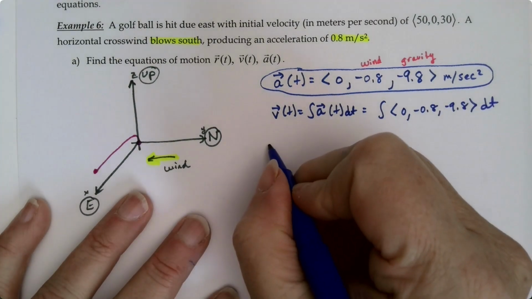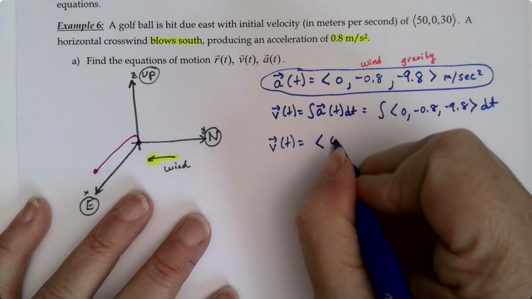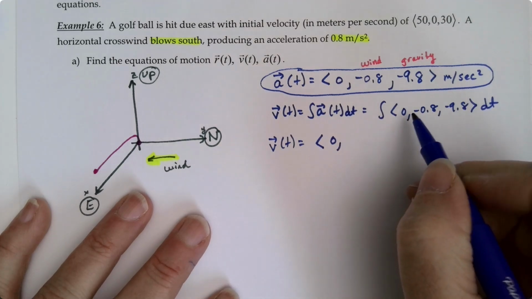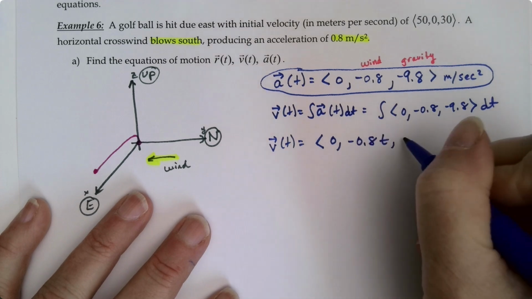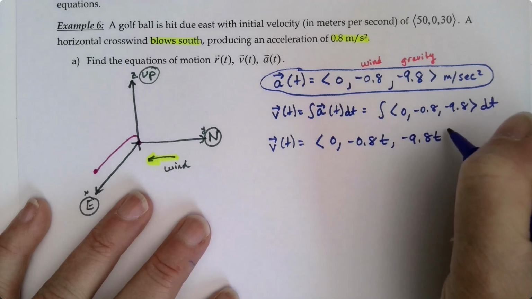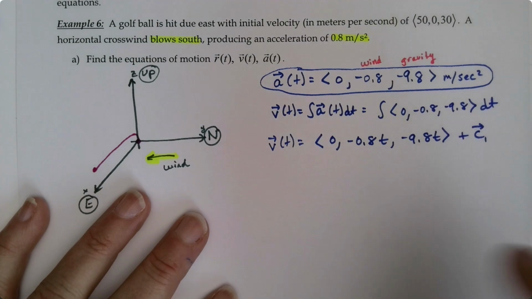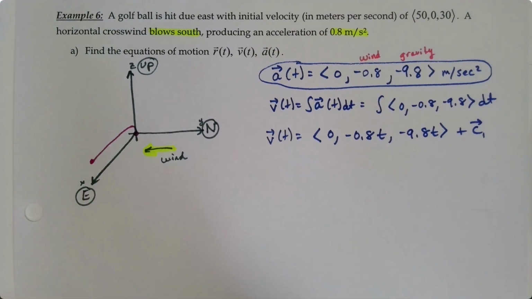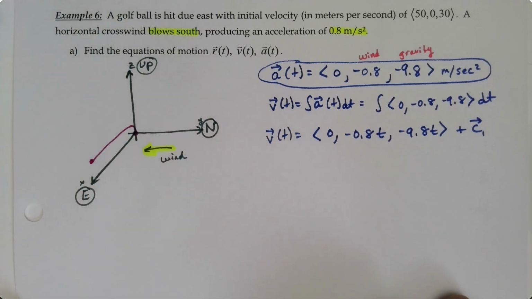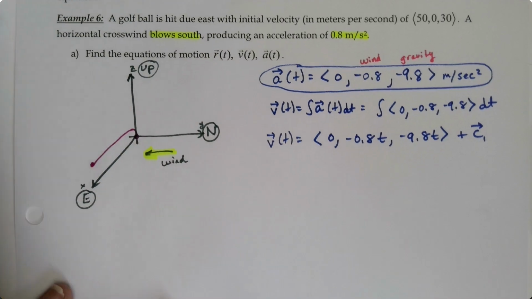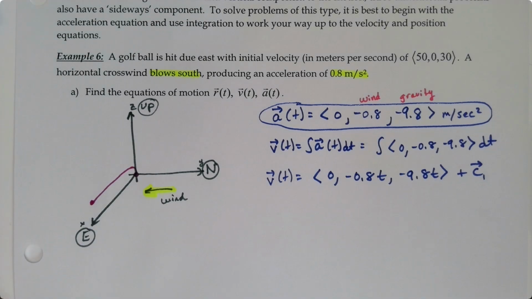So velocity would be 0, because the integral of 0 is 0, and then negative 0.8 t and negative 9.8 t, plus some constant vector. I'll call it C1. But we know that constant vector. That constant vector is our initial position. Oh no, excuse me, initial velocity. Excuse me, our initial position was 0, 0, 0. I better make a note of that really quick.